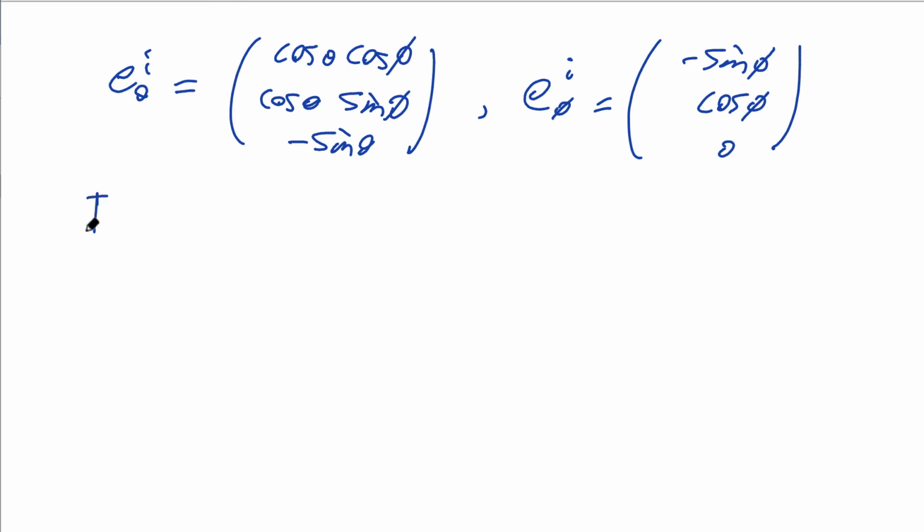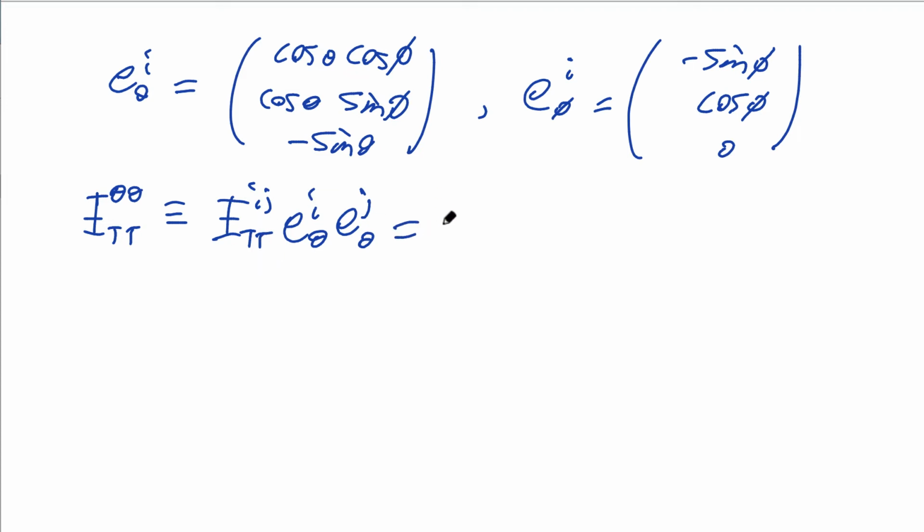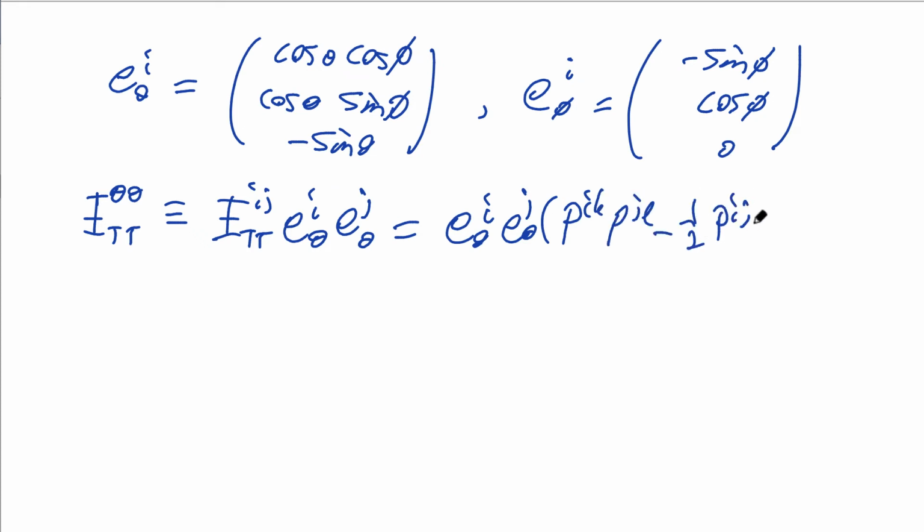For example, the theta-theta component of I bar TT is just I bar ij TT times e_i theta e_j theta. And writing I bar TT in terms of our projection operators, we have e_i theta e_j theta times P_ik P_jl minus 1/2 P_ij P_kl times I bar kl.